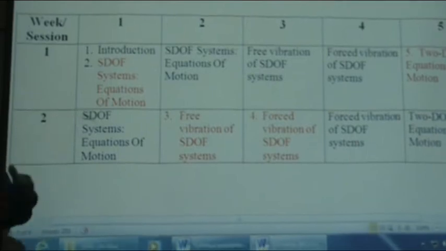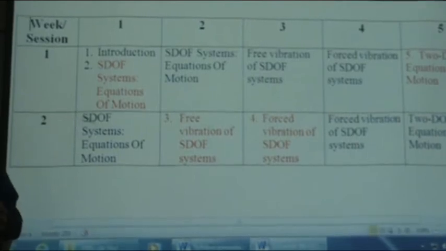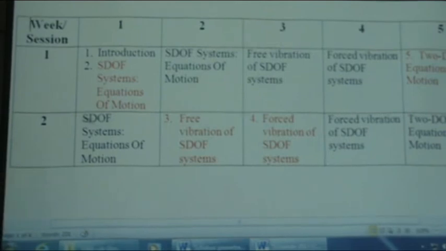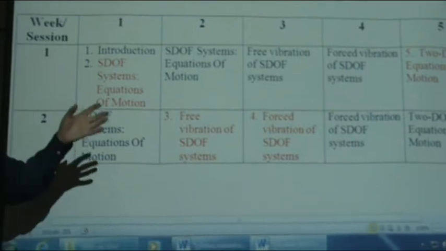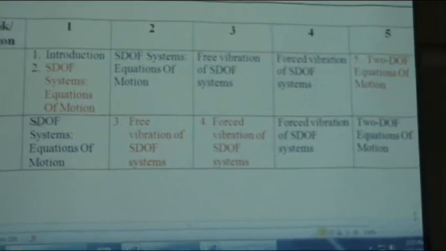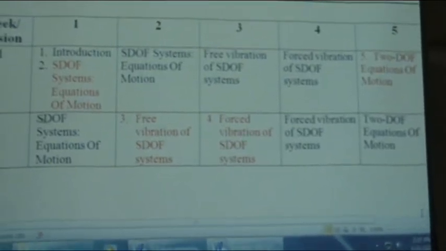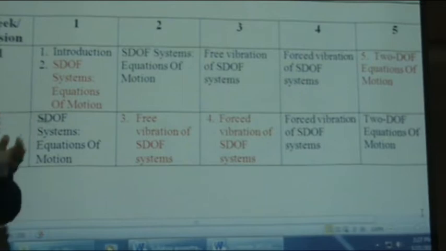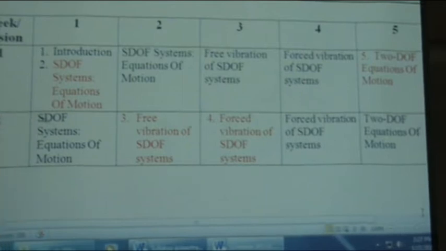Then we'll talk about 2 degree of freedom systems, systems that are defined in terms of 2 coordinates. Now, whatever we learn there is easily transferable to multi-degree of freedom systems, 3, 4, 5 degrees of freedom, and so on.